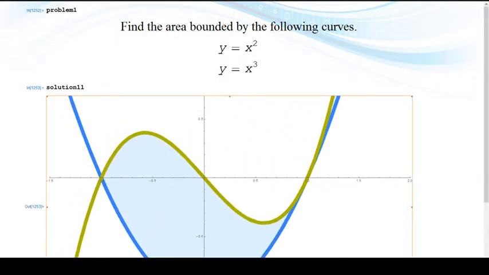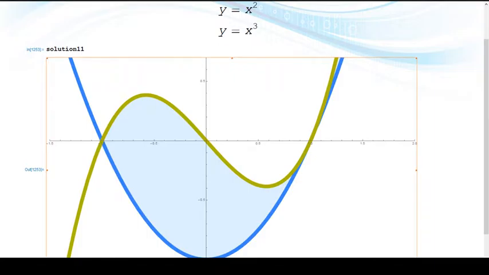Here, let me make it larger. The blue curve is x squared. The yellow-green curve is x cubed. And the blue shaded region is the region that we want. This area right in here.